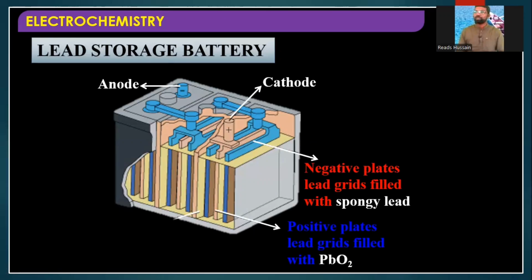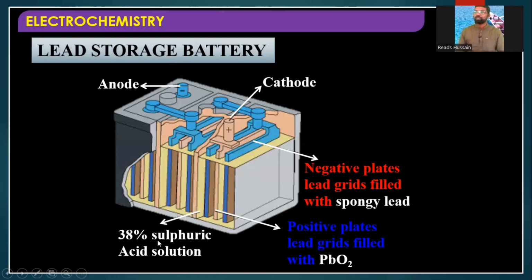What is the anode, what is the cathode, and what is the electrolyte here? Go through this. You can make rough notes, because these three points are important. In the lead storage battery, the anode is the negative plates of lead grids, Pb, filled with spongy lead.